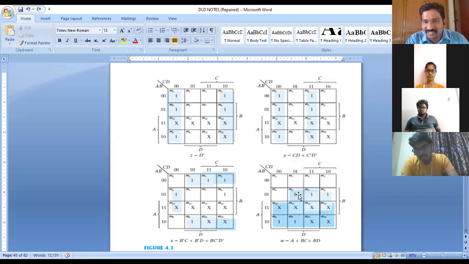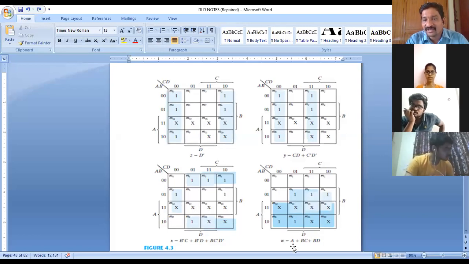The common term in this pair is B, and in the other pair it is D. So BD. And this also forms a 4-combination, right? The common term here is B, and here is C, so BC. Like that, we find the equation W equals A plus BC plus BD.